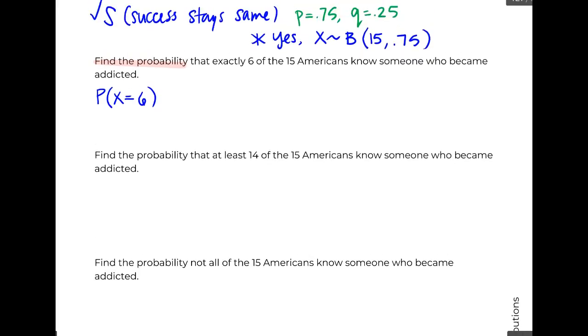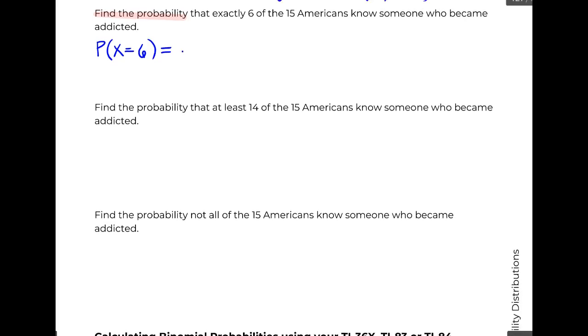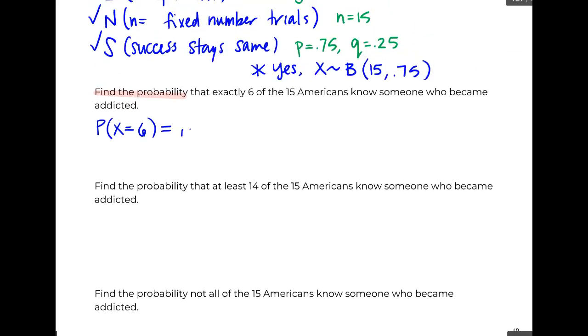So I'll do this both ways. If we use the formula, what's our N? 15, choose 6, probability of success, well, we need 6 people to actually know someone, so 0.75 to the 6th, and the remaining 9 people must not know someone.